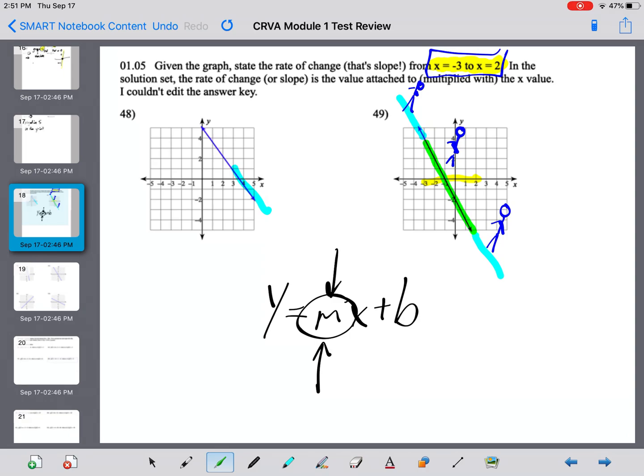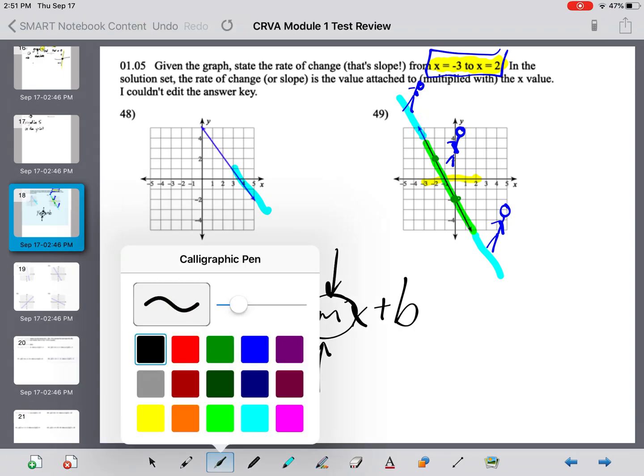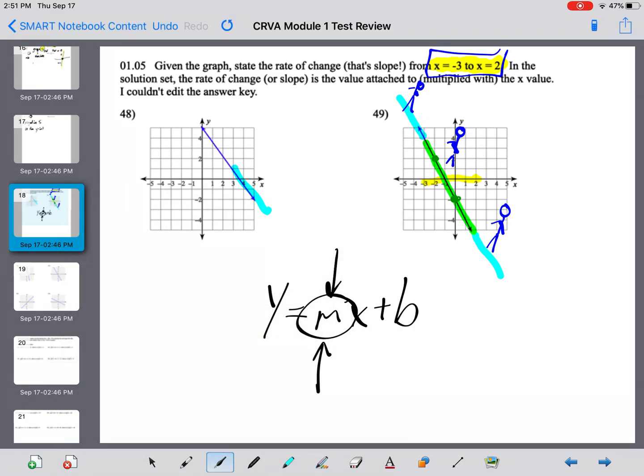You need to find 2 points on this straight line, any 2 points that you know the coordinates of. Like right there, it clearly goes through an identifiable point, and same with right there. They need to be at a specific integer location.